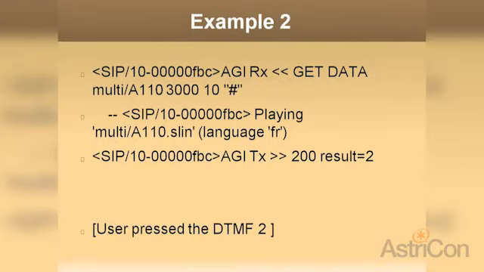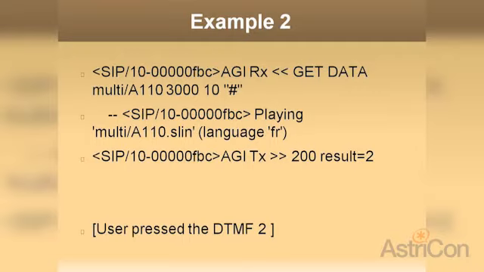For example 2, my AGI is sending a GET DATA multi/A1110. It's only the name of my file. It's exactly like in the dial plan: when you're calling a GET DATA and a prompt, it's relative to /var/lib/asterisk/sounds/your language.